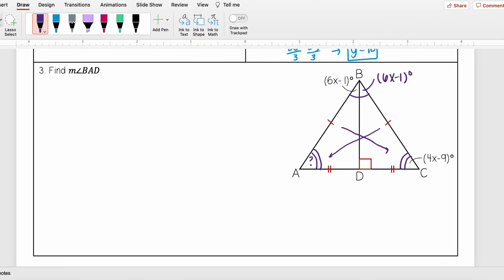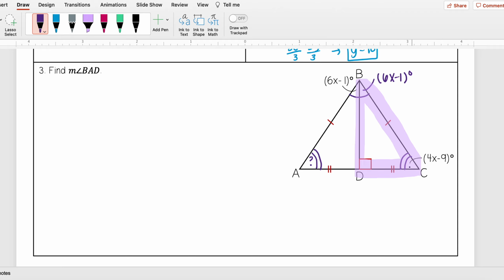So I need to figure out what equation I can make from this. If I cut this triangle in half, I have a right triangle right here. And remember, with right triangles, the converse of my triangle sum theorem is that the two angles that are not the 90-degree angle add up to 90.